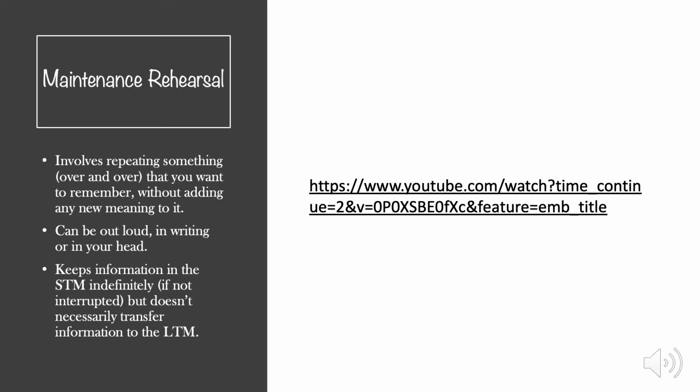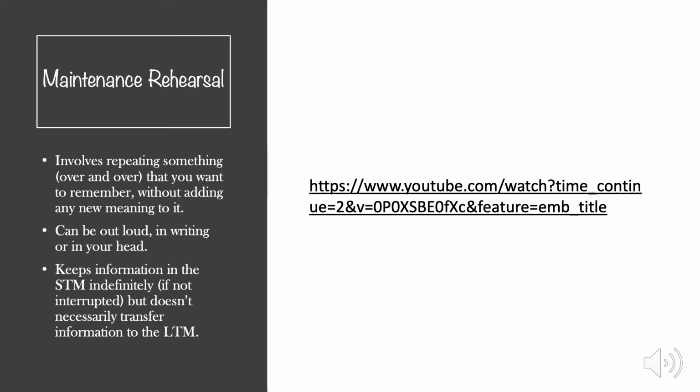Maintenance rehearsal involves repeating something over and over that you want to remember, but without adding any new meaning to it. A lot of the time when you're trying to remember something quickly and you're a bit stressed about it, you might just be thinking of the word over and over again until you get to recall it. It could be out loud, in writing, or in your head.